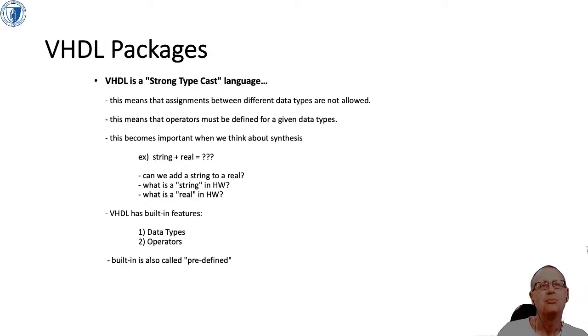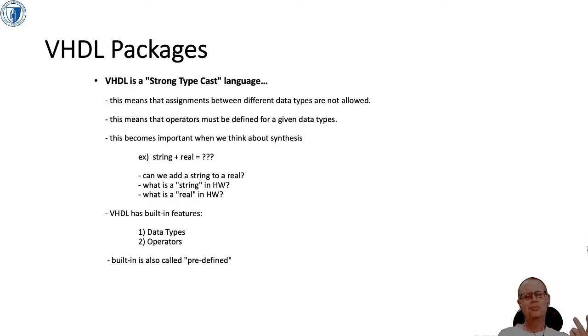And this is just a reminder that it's really dangerous to mix different data types. For a start, the compiler will just throw an error. But then if you think about what happens if you try to add a string to a real value, does that make sense?